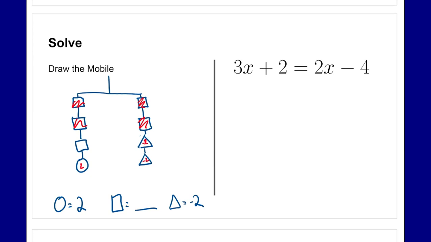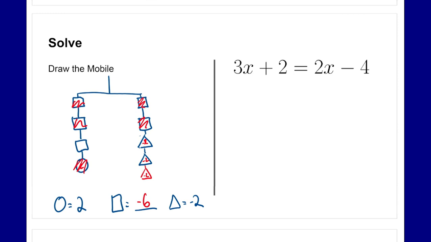Well, if I get rid of a circle on one side, I have to take away 2 from the other side, or in other words, I have to add in another negative triangle, or a little triangle. Now all I'm left with is 1 square and -6 on the other side, so that means my answer has to be -6.